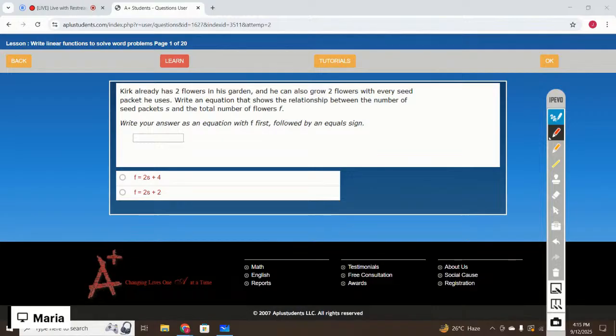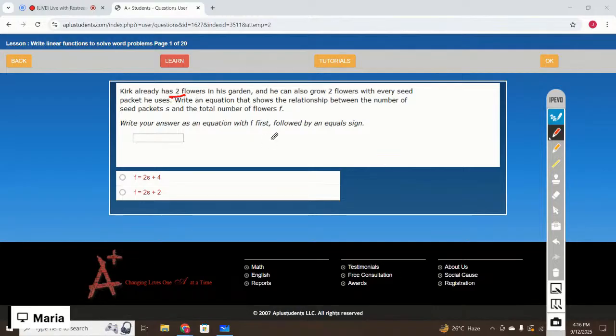Write an equation that shows the relationship between the number of seed packets S and the total number of flowers F. Write your answer as an equation with F first followed by an equal sign.